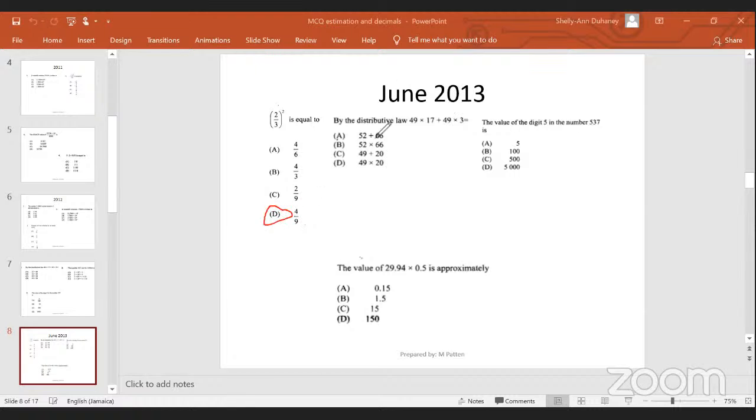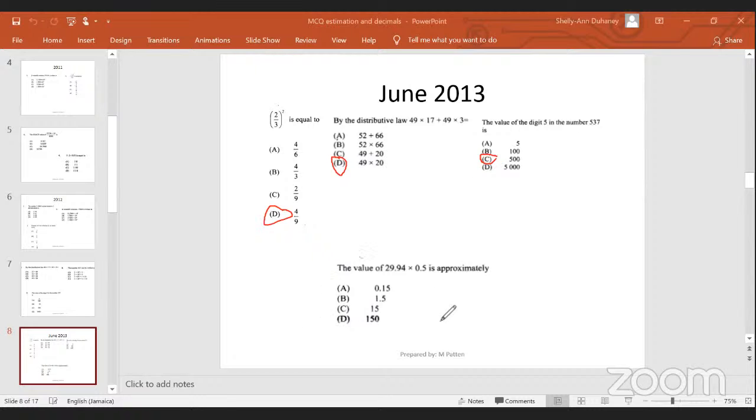We already did this question. The next one, the answer is C. All right. Next question.